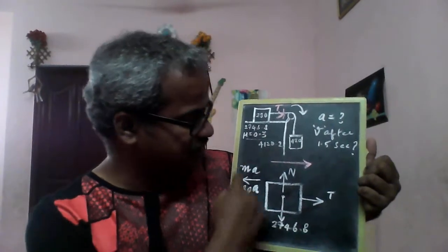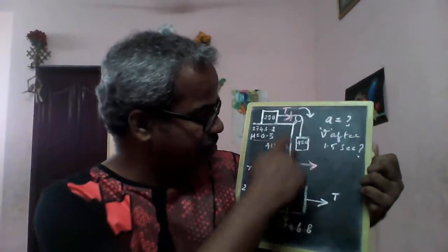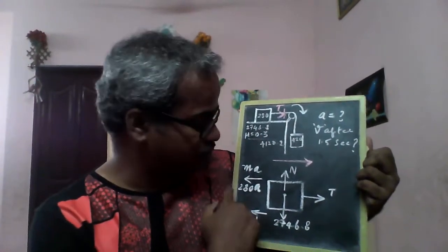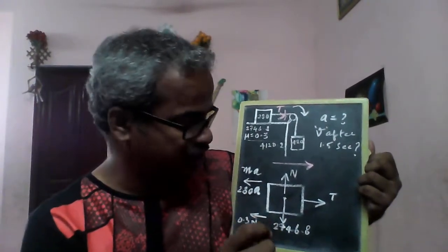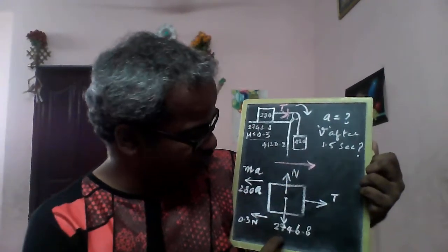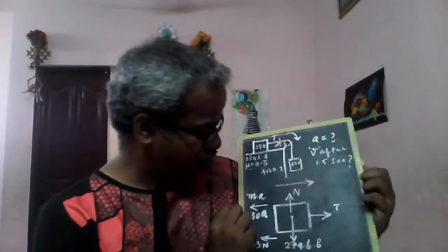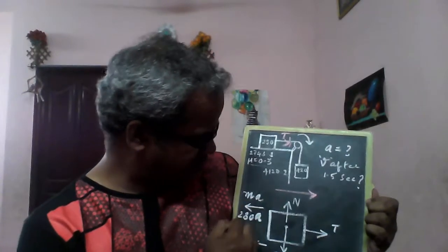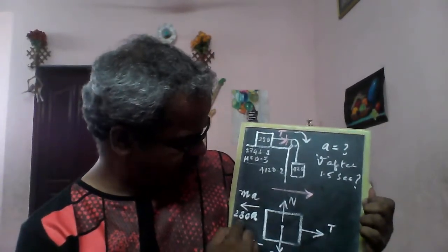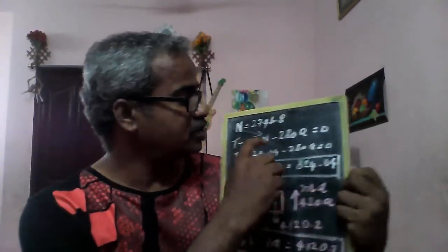In this free body diagram, I can sum the vertical forces equated to 0, and sum the horizontal forces equated to 0. Vertical forces equated to 0 gives N is equal to 2746.8. Horizontal forces equated to 0 gives T minus 0.3 N minus 280 A is equal to 0. So these are the two equations.